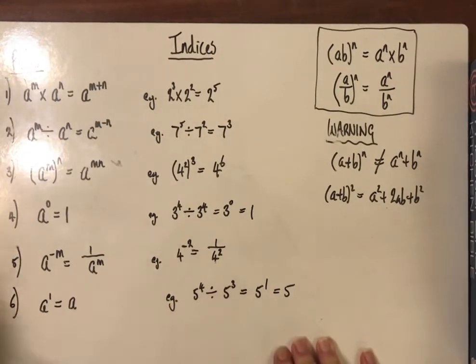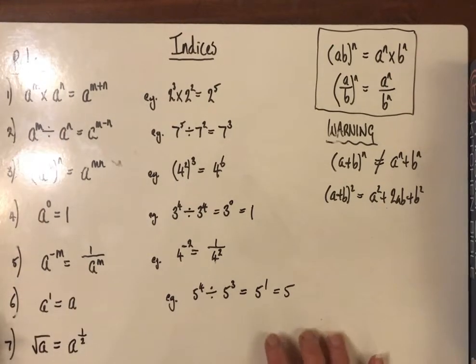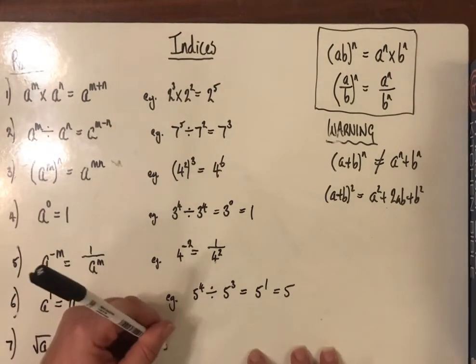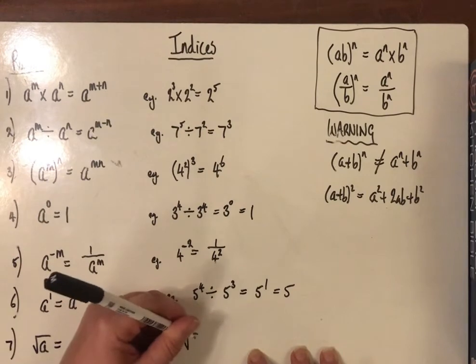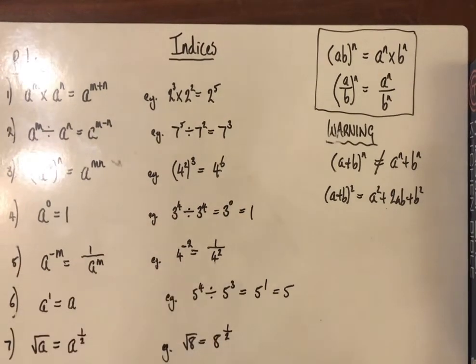Rule number 7, root A is equal to A to the power of a half. So, for instance, root of 8 is equal to 8 to the power of a half. It has to be half.